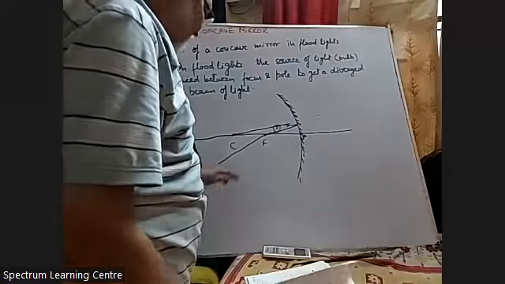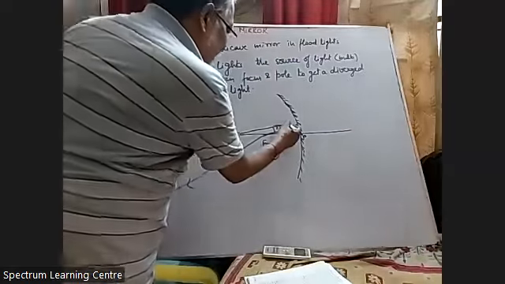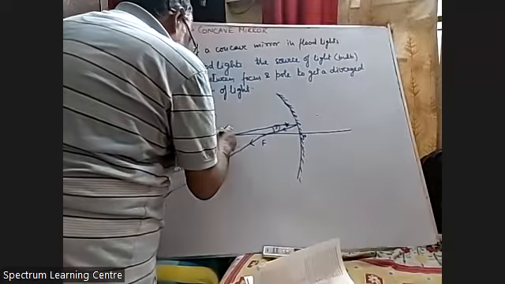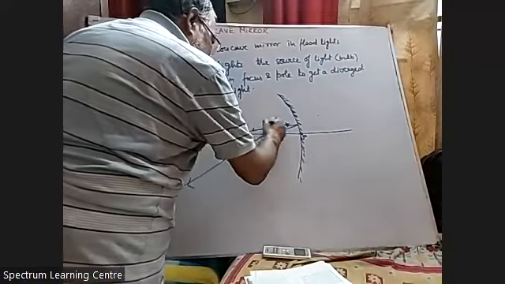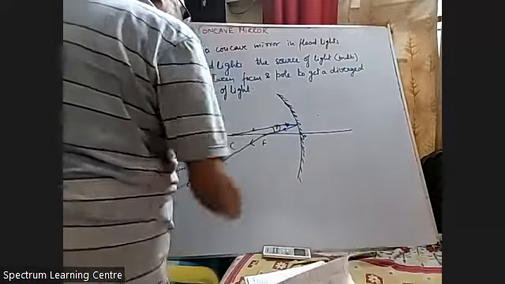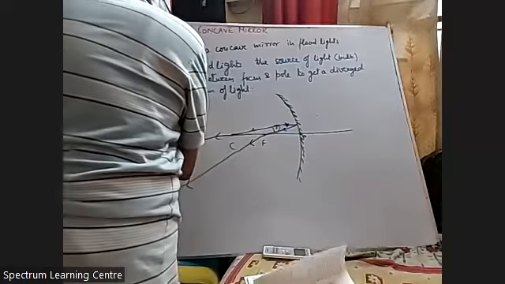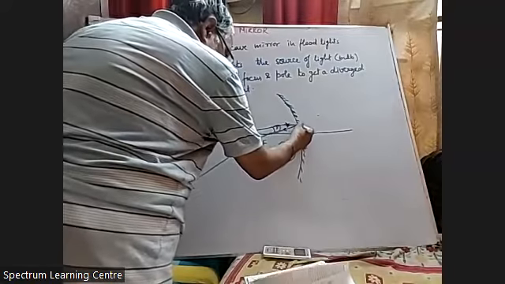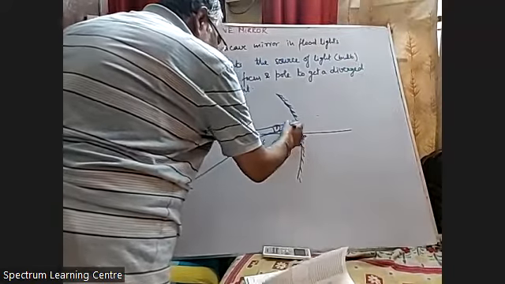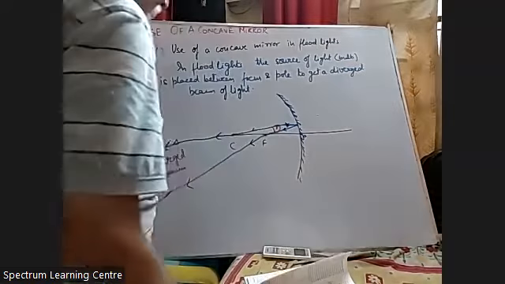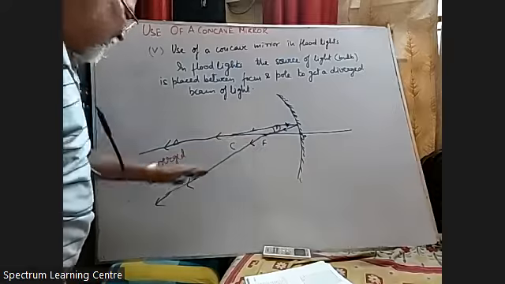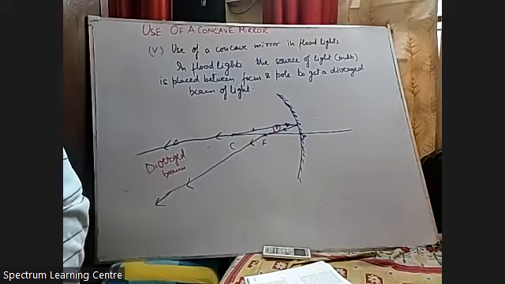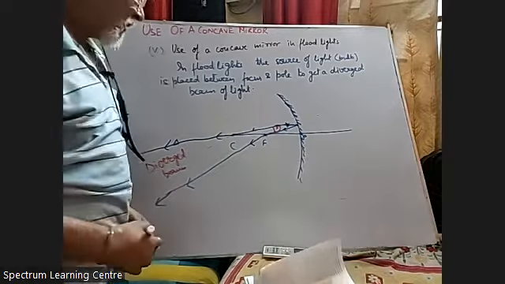What is my requirement right now? The requirement is to get a diverged beam. So the light passing through the head of the bulb will reflect back on its path, and the light passing from the head of the bulb parallel to the principal axis will converge at the focus. As a result, both the rays will be diverged, and we will get a diverged beam. Have you understood this? Yes, sir.